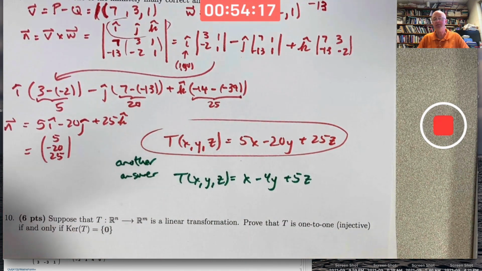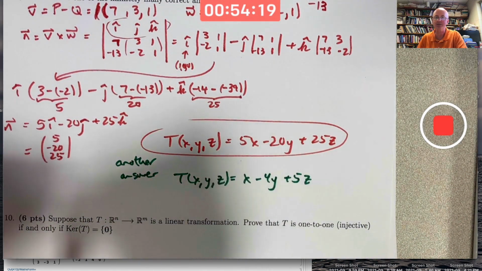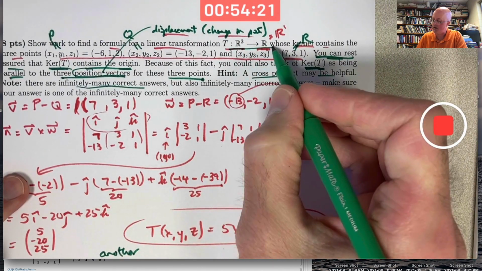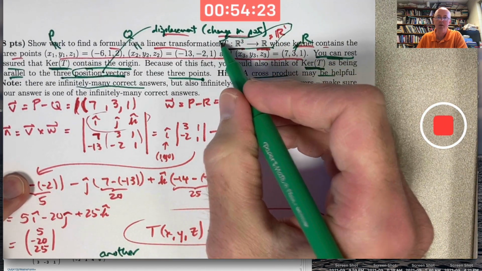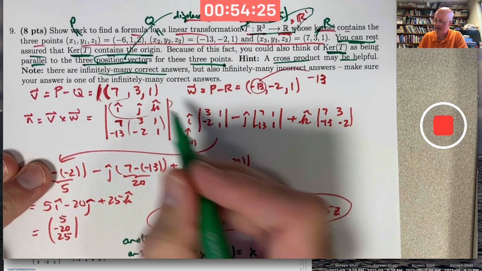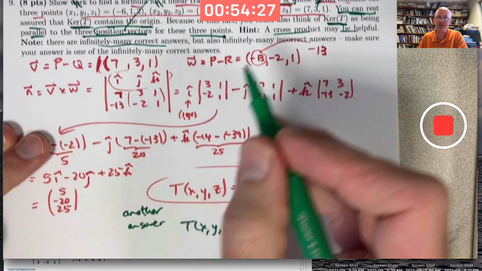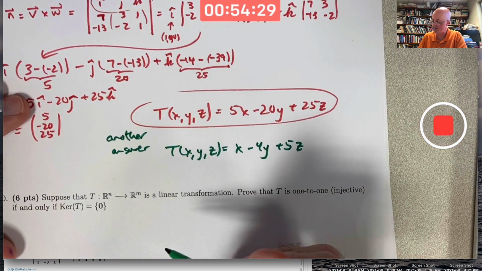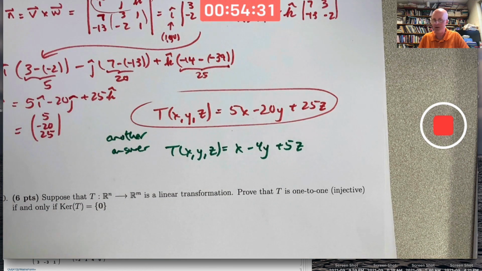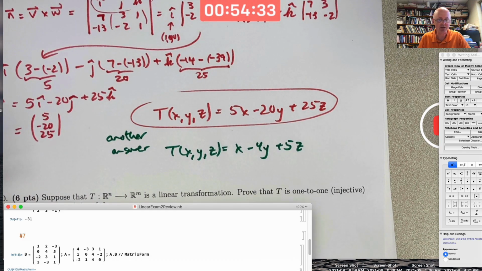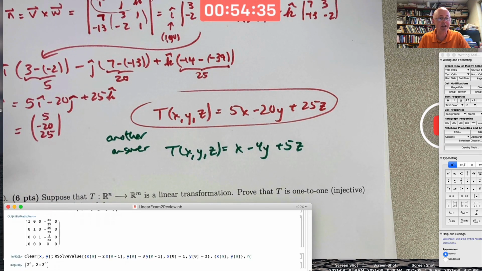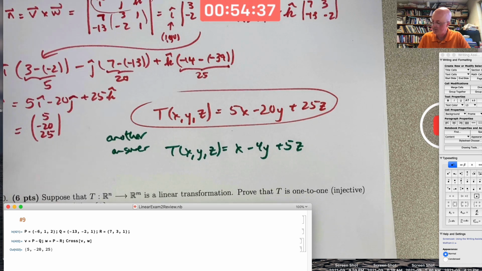These are two of the infinitely many linear transformations from R3 to R whose kernel contains these 3 points. It's a plane through the origin in R3 containing those 3 points. One of infinitely many correct answers, but there are also infinitely many incorrect answers. Just double checking my answer. Yes, it looks good.